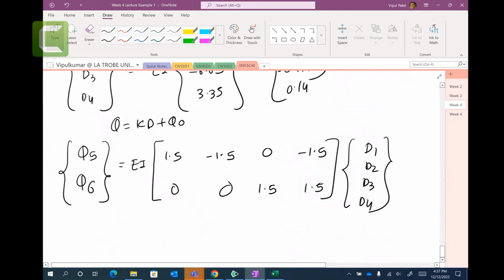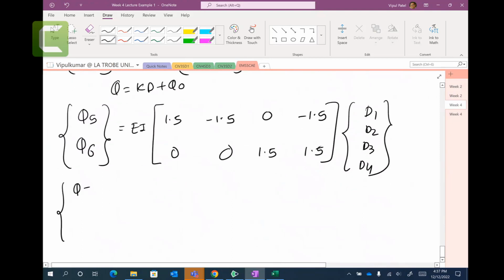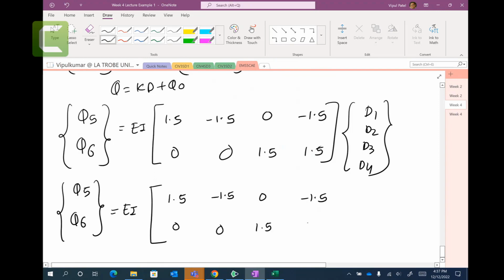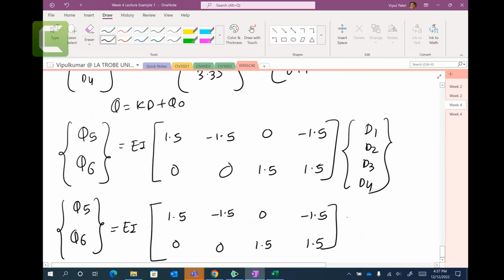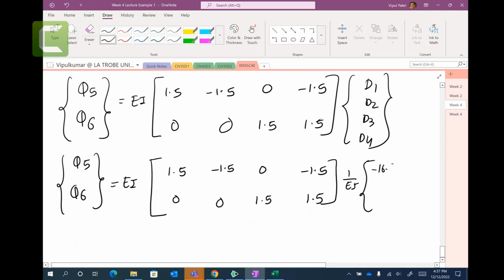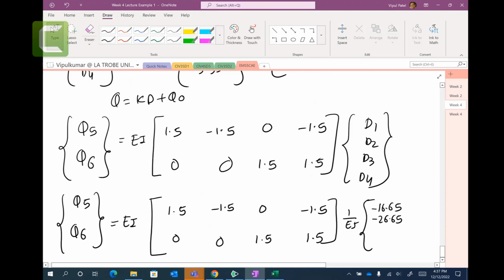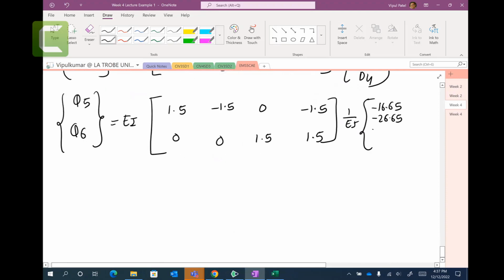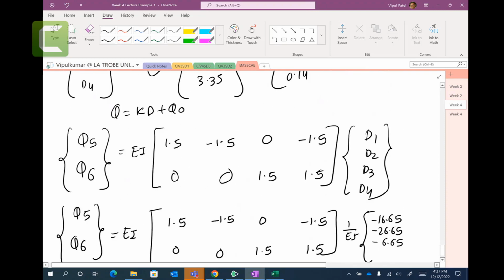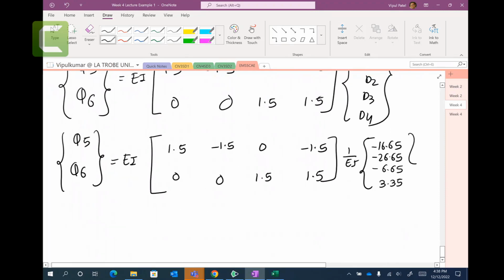Now we can substitute the values D1, D2, D3. So Q5, Q6, EI times 1.5, minus 1.5, 0, 1.5, 0, 0, 1.5, 1.5, and D1, D2, D3, we can substitute by, the way, 1 over EI times minus 16.65, minus 26.65, minus 6.65, 3.35, and that cancels.